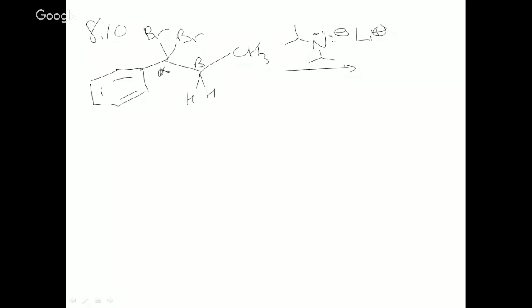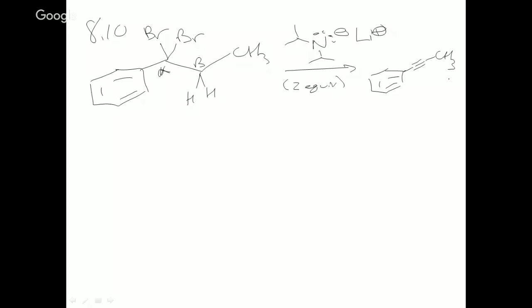So this is a nice non-nucleophilic strong base, and we'll deprotonate twice. So we need two equivalents of that. You need two of everything, basically, two equivalents, and we're going to get an alkyne. Double elimination. That's all this is.